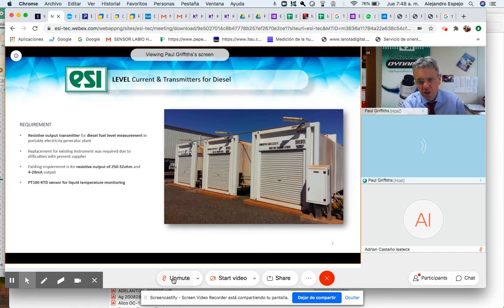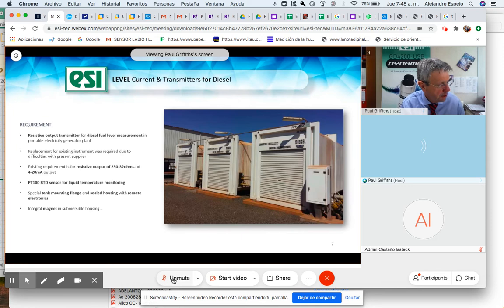So really, the generator needs to come out of the container just to change the transmitter or the sensor. So we were asked if we could make a sensor with a cable that could be dropped into the tank through the small space, but still give a resistive output.